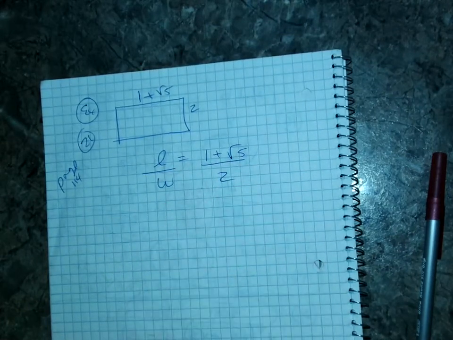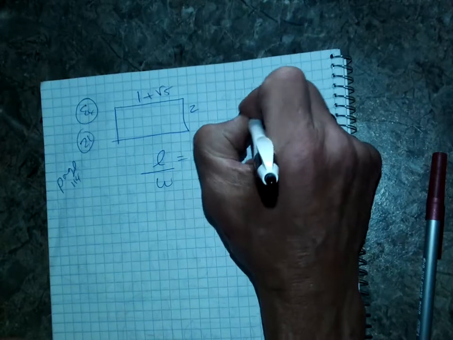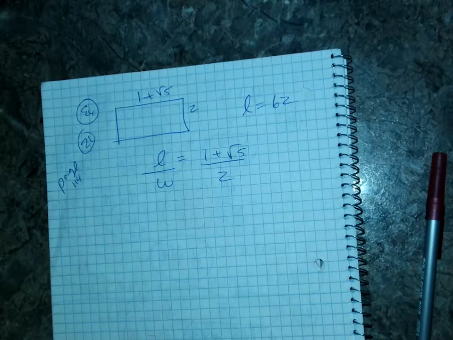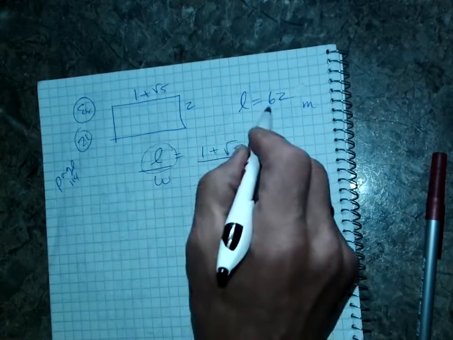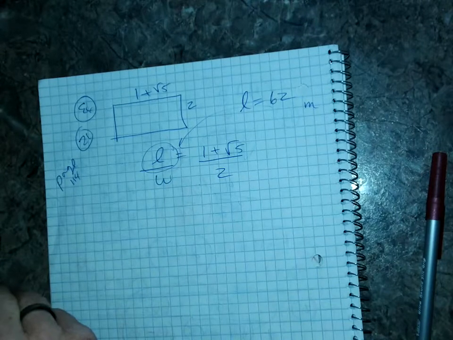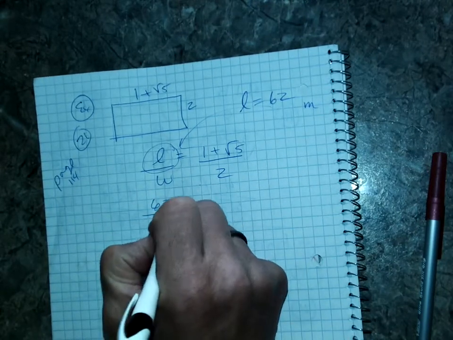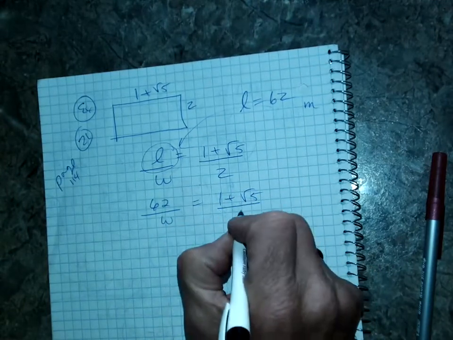Okay, so we're given some extra information on this one. We're given that the length is 62, is it meters? Yeah, 62 meters. So what I'm going to do is put 62 here, and then I'll cross multiply. So I'll rewrite this as 62 over W equals 1 plus square root of 5 over 2.